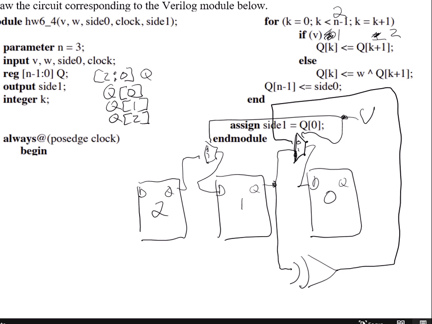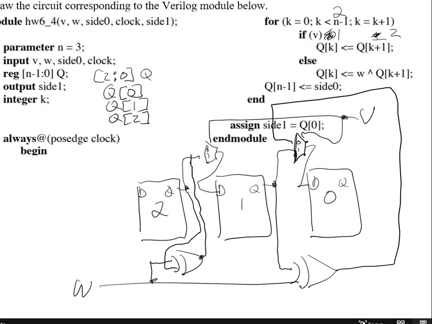Else, Q1 is the exclusive OR of W and, where did I put W? Oh, I never did my W. So W. So then I have my exclusive OR of W, and that is going into the 0. Sorry, that's so messy.